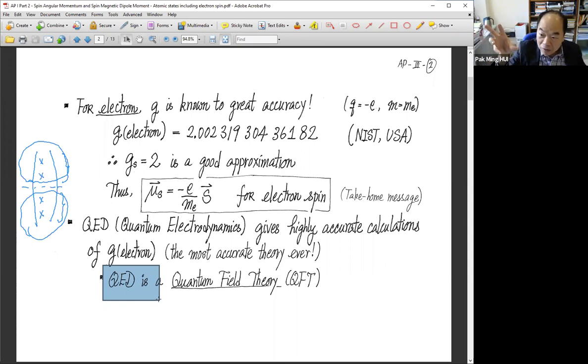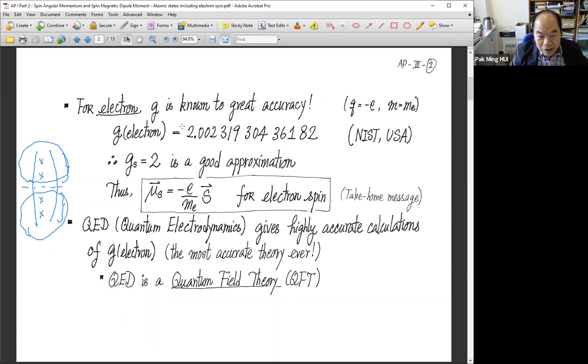We have the electron, we have the EM field, and we have how they interact. That becomes quantum electrodynamics, in which we can actually calculate from this theory what g is.